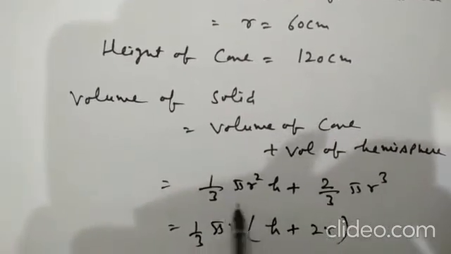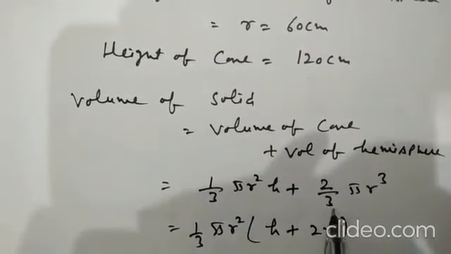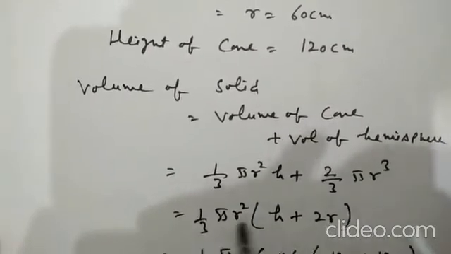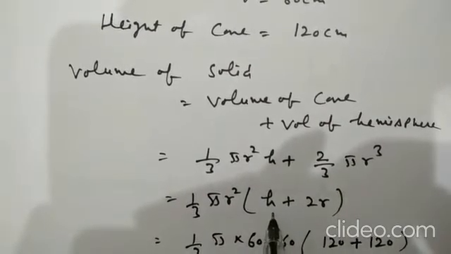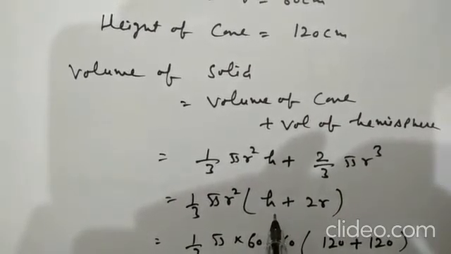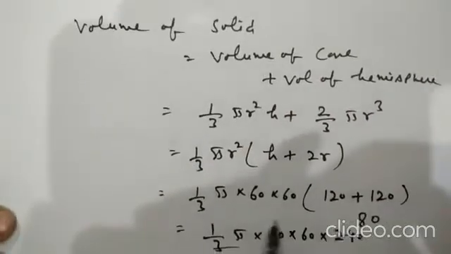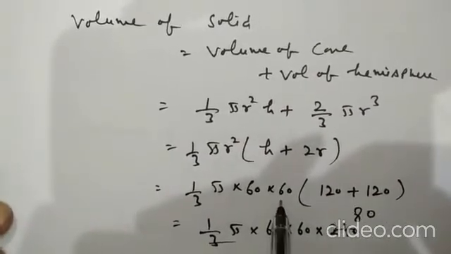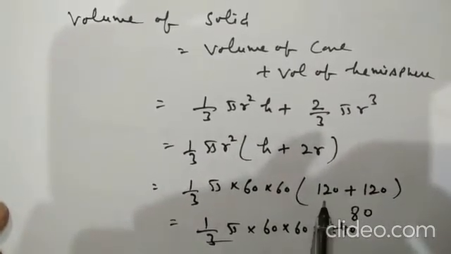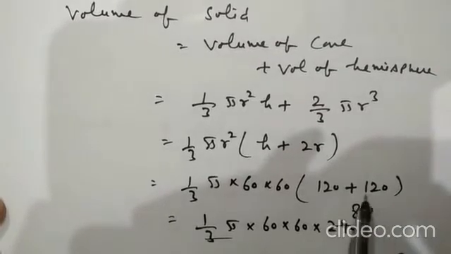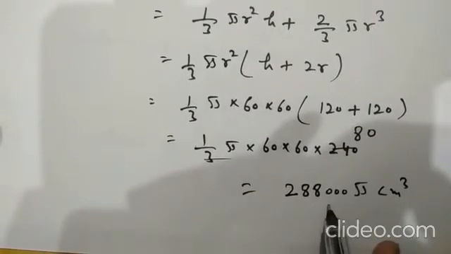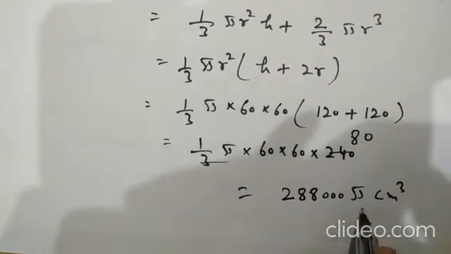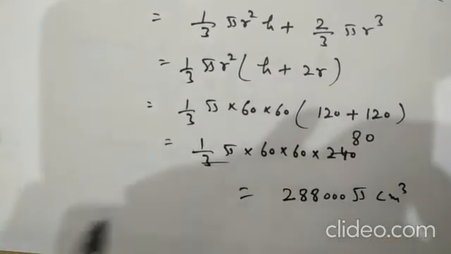Volume of cone 1 by 3 pi r square h plus 2 by 3 pi r cube. 1 by 3 pi r square common, the radius is the same for cylinder, cone and hemisphere. H plus 2r, putting the value of the height of the conical part 120, twice the radius is also 120. It is 288,000 pi cubic centimeter, the volume of the solid.